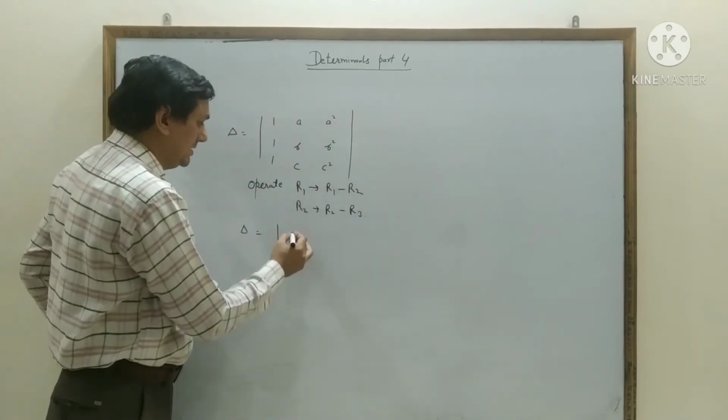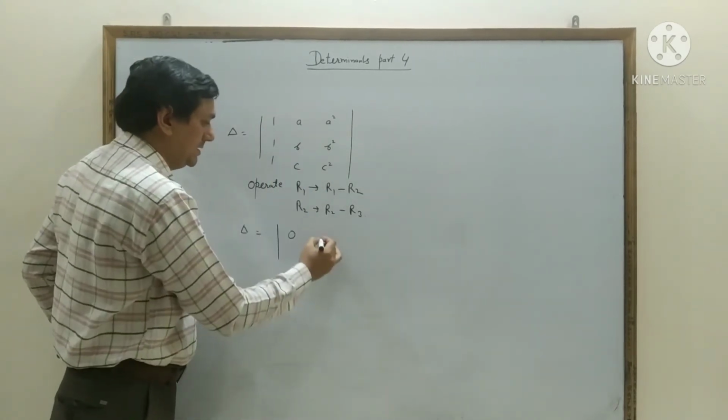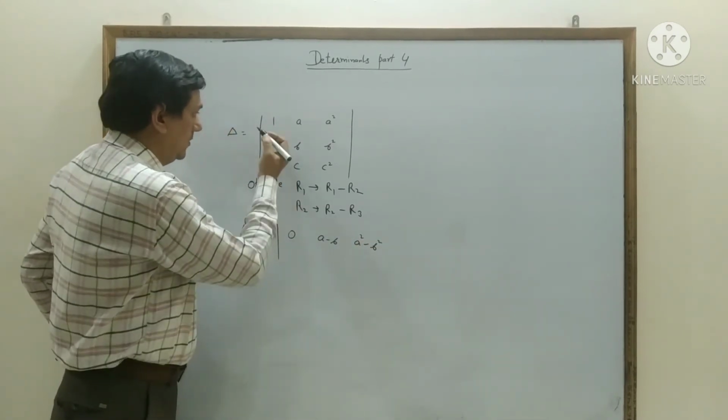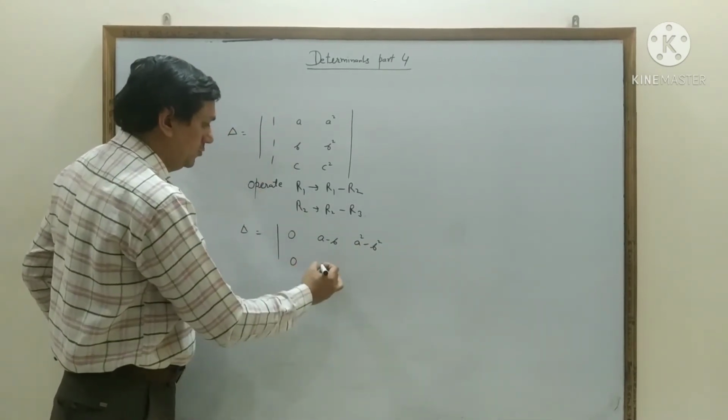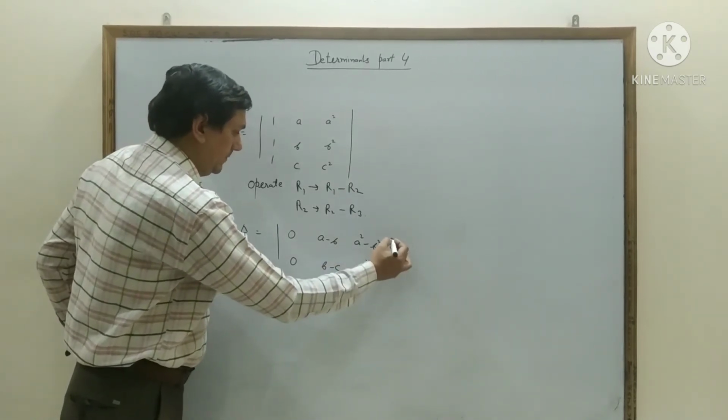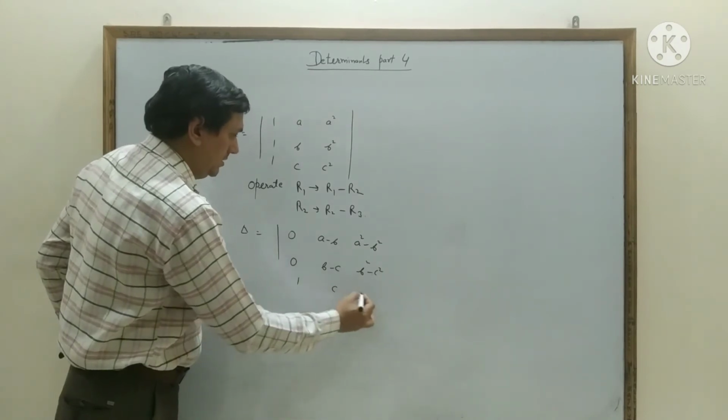Now 1 minus 1 results 0, a minus b results a minus b, and a square minus b square. 1 minus 1 results 0, b minus c, b square minus c square, 1, c, c square.